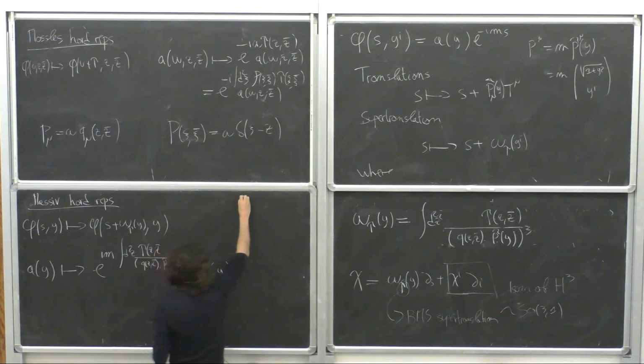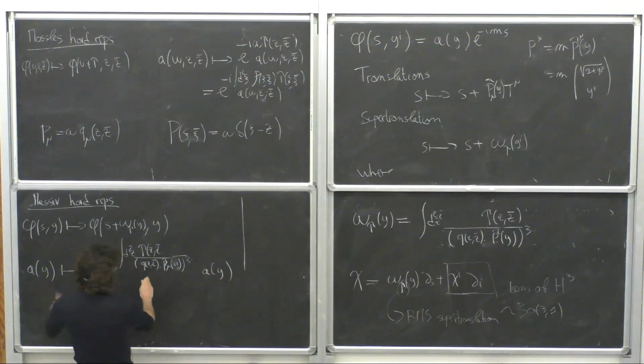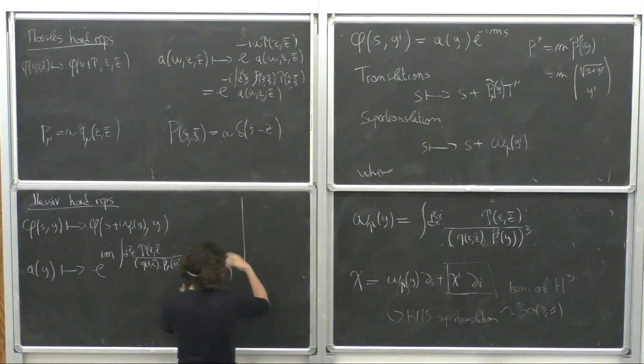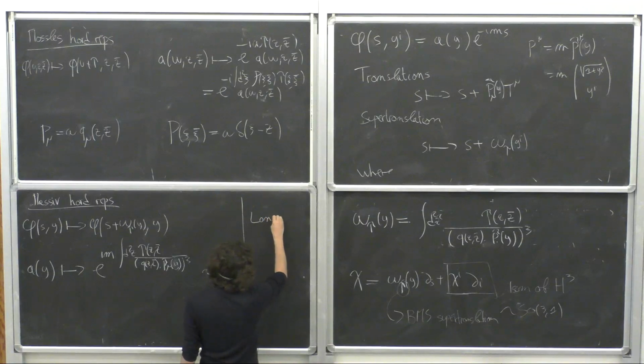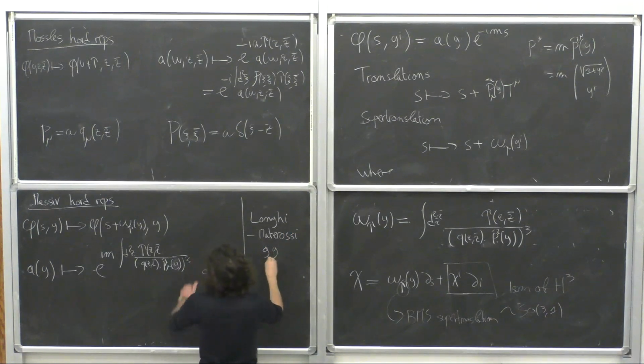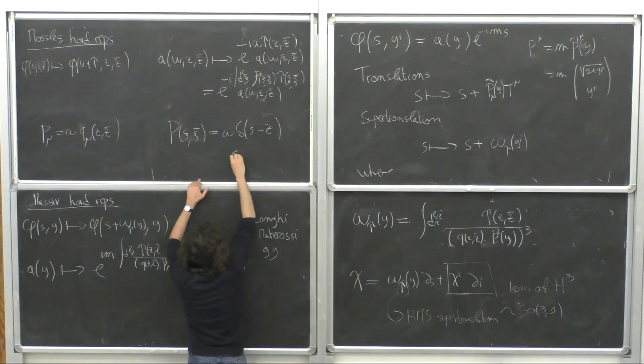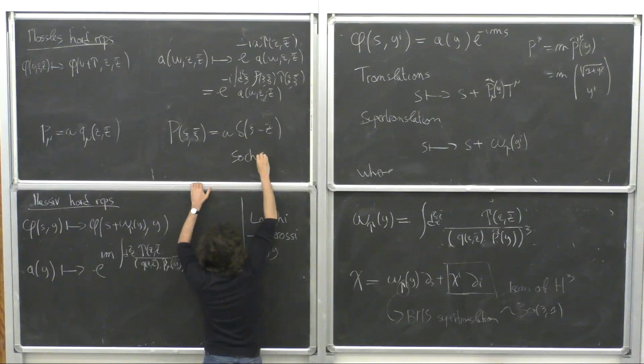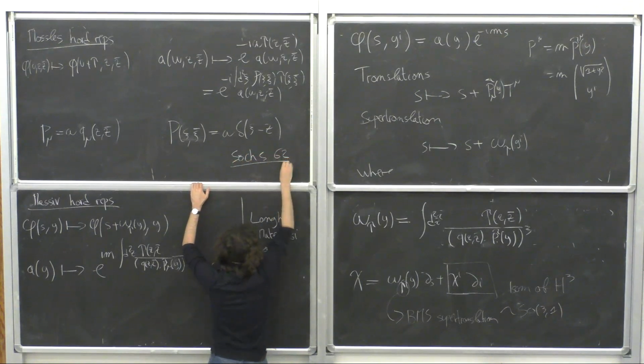And this representation, okay, I should cite correctly. So this representation in this form was really guessed by Longhi, Materazzi, as Joachim pointed out early on. I think it's 99. And this representation goes back to Sachs, who was the first to realize that you can do this.